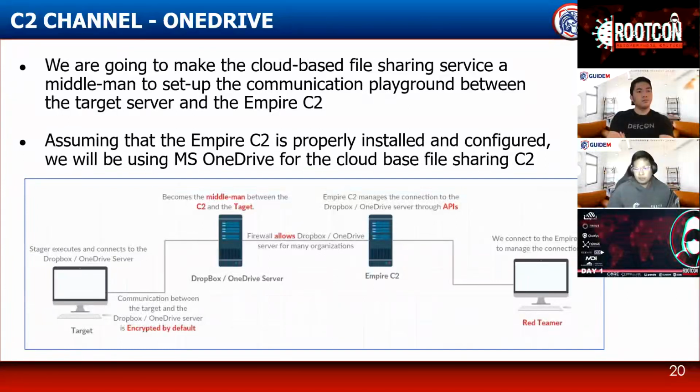So we assume that Empire C2 is configured and then it can be integrated with Empire. They have an available listener and you can actually use it for your own experiment in order to improve your detection and know the behavior of this C2 channel.